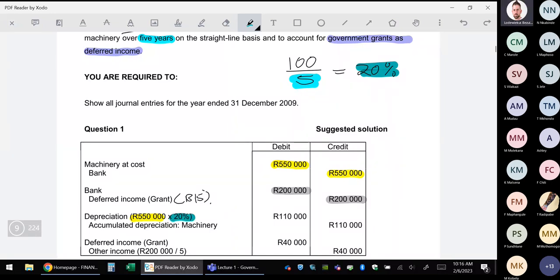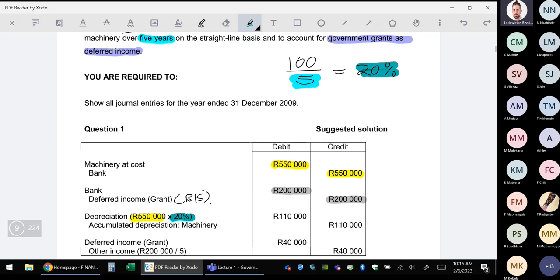We did not deduct the grant received linked to the asset from the cost of the asset, because the government grant is shown as deferred income.